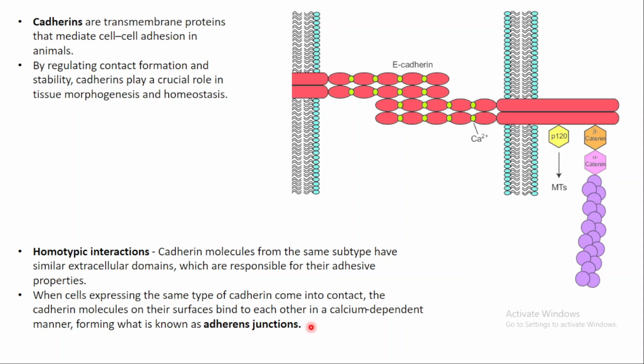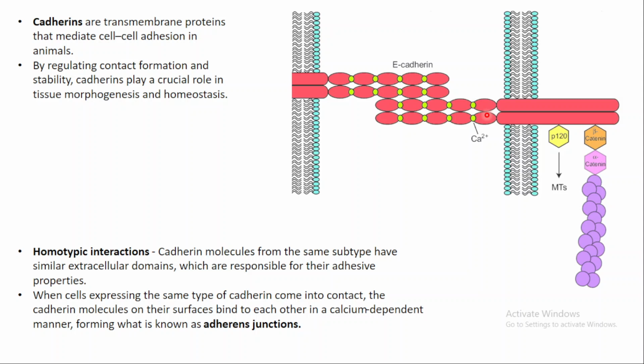Here I have shown a typical junction which occurs in epithelial cells, and the adherens junction harbors all these cadherin interactions in a calcium dependent manner. So E cadherin will bind to another molecule of E cadherin in the presence of calcium and attach these cells together and to the membrane. This is known as an adherens junction.